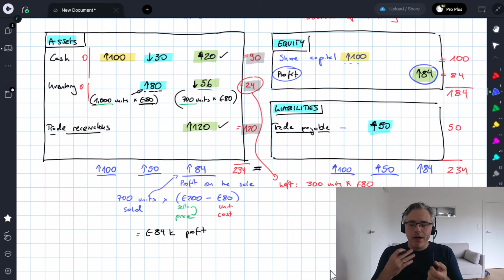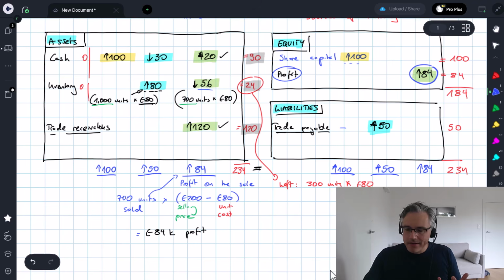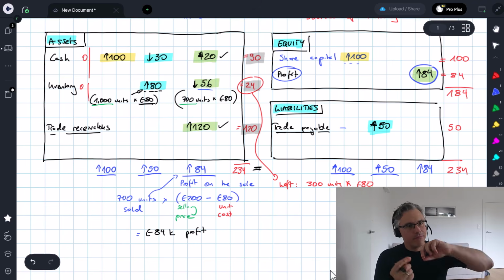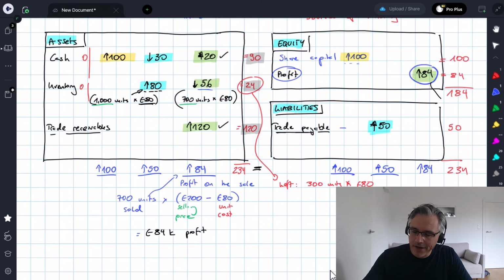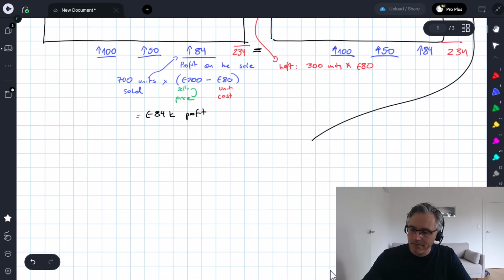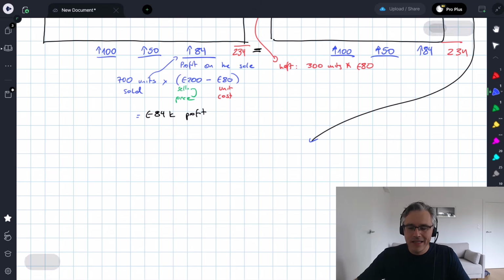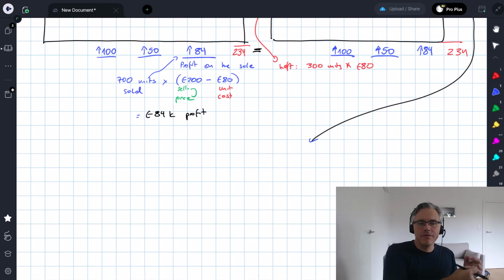So I want you to appreciate that the balance sheet and P&L are very much linked via this profit figure, because whatever we do in the income statement is also reflected within equity via profits. That's the link.